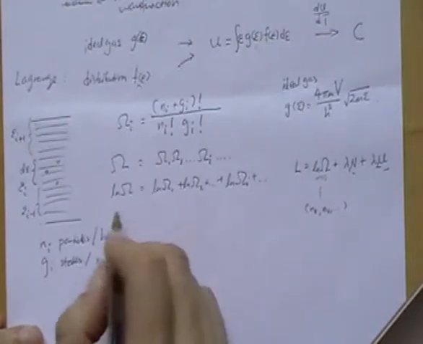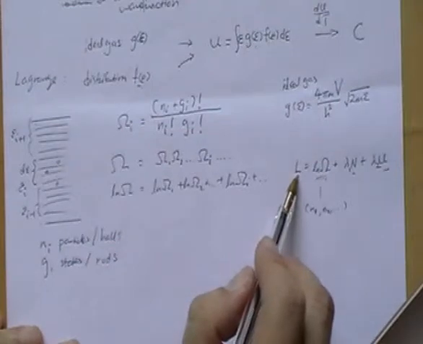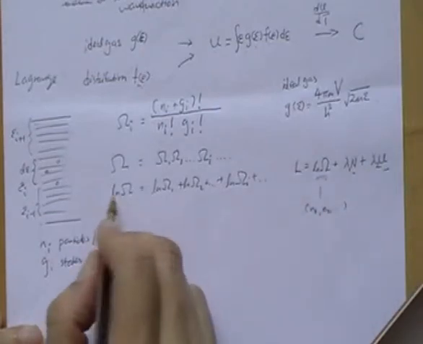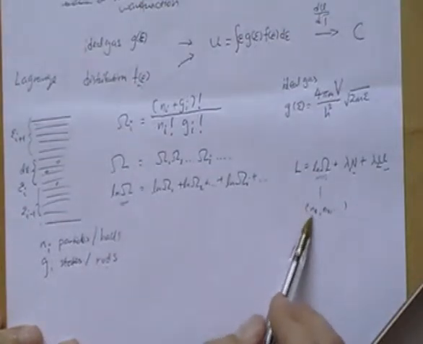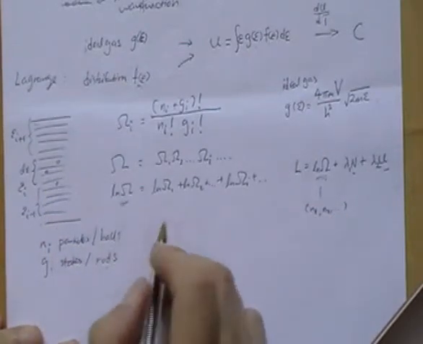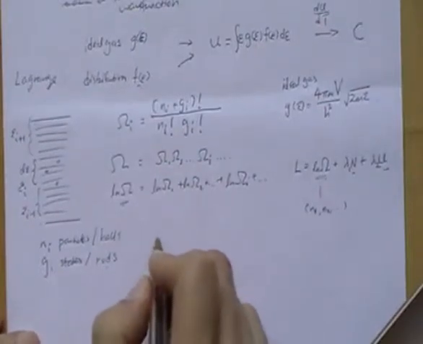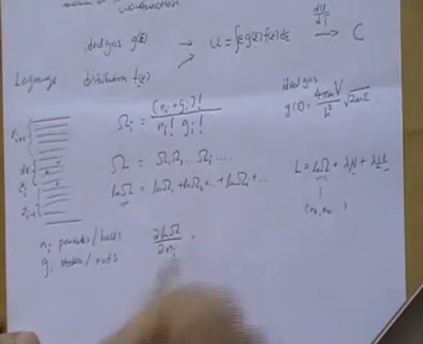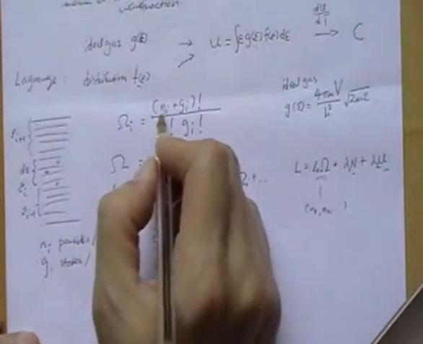Alright, now since we want to maximize L, the Lagrange function, that means we eventually have to differentiate this. And if we differentiate this, we would be differentiating with respect to each of the n1, n2, and so on, the number of particles in each of these levels. So if I'm differentiating by ni, for a particular ni, I'll find that omega i depends only on ni.